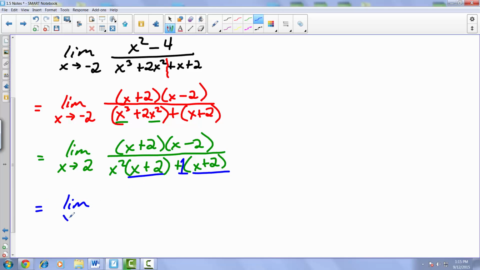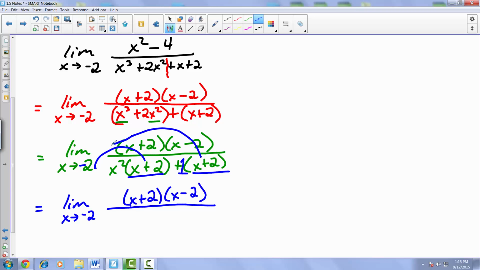So we have the limit as x approaches, oops, this should be -2, of x plus 2 times x minus 2. And what we're going to do on the bottom is literally remove this x plus 2 from both items, again, because it's a common factor from both items.